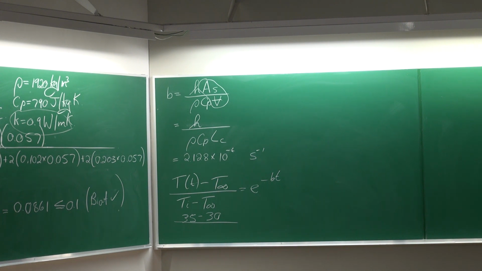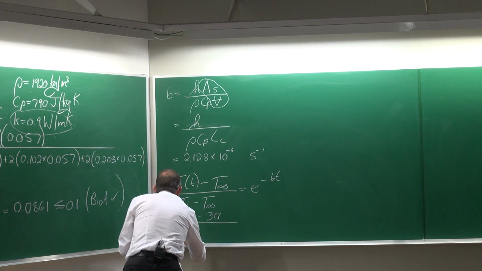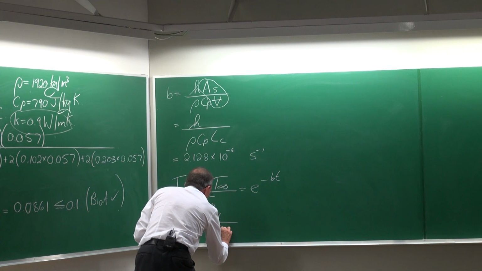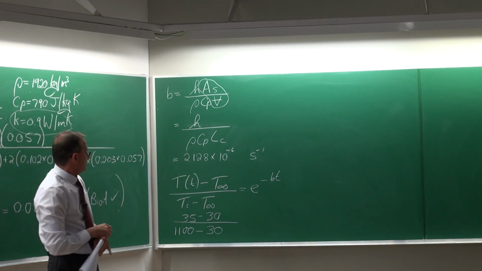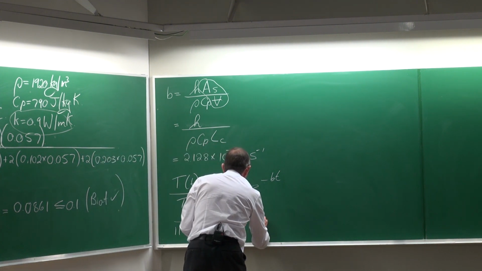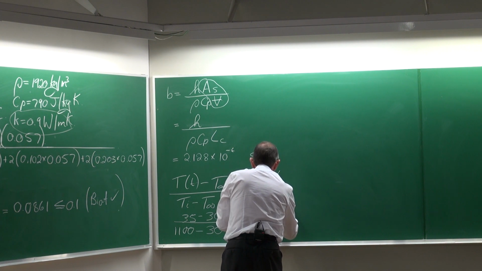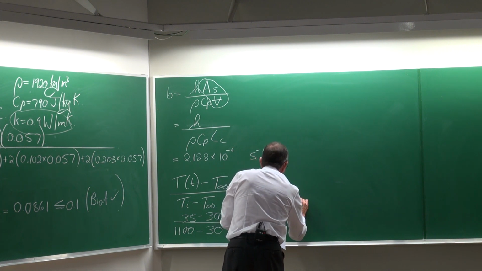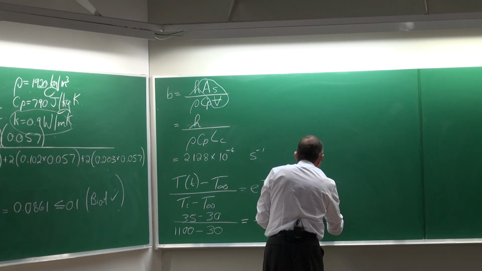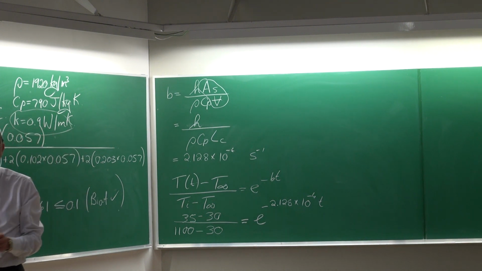When would the temperature be at 35? It was originally at 1100, and the environment temperature is 30. So there's a 5 degree Celsius difference. It's equal to e to the minus B, where B is 2.128 multiplied by 10 to the minus 4, multiplied by t, the time in seconds.